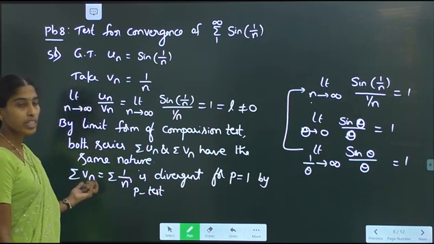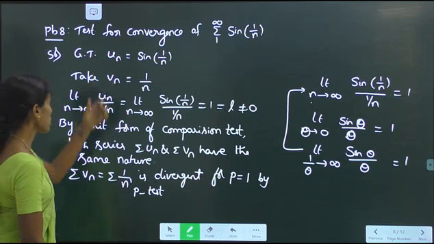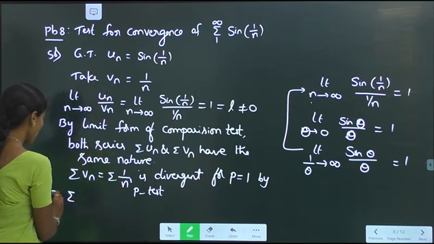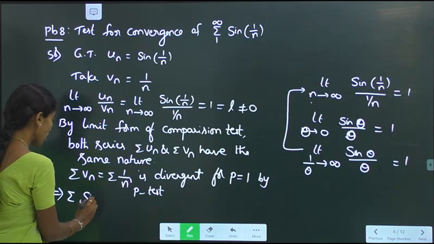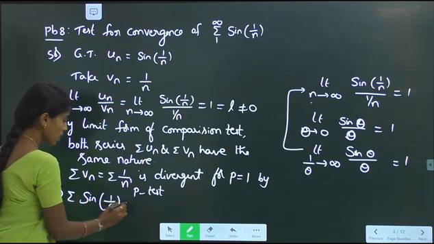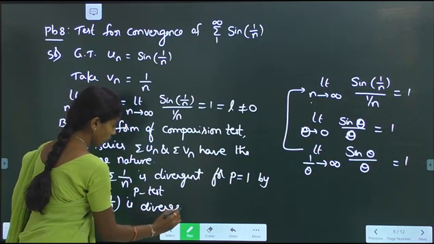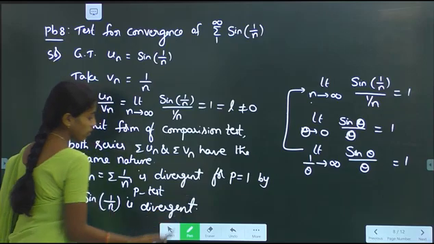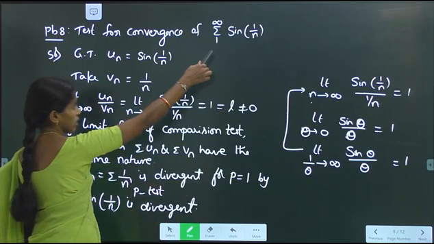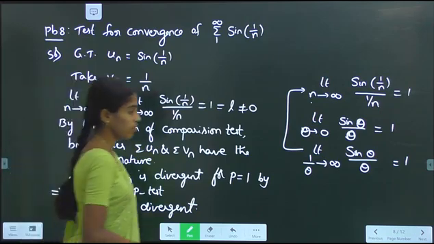Because summation vn is divergent, summation un is also divergent. What is un? un is nothing but sine of 1 by n. So, summation sine of 1 by n is divergent. That is, the given series sigma sine of 1 by n is divergent.